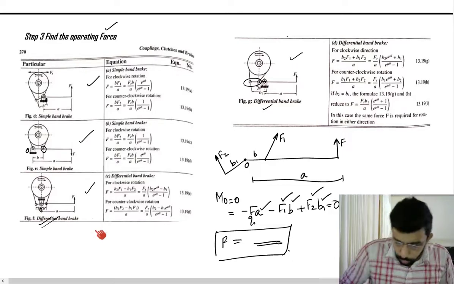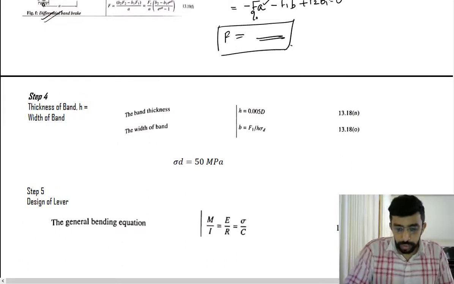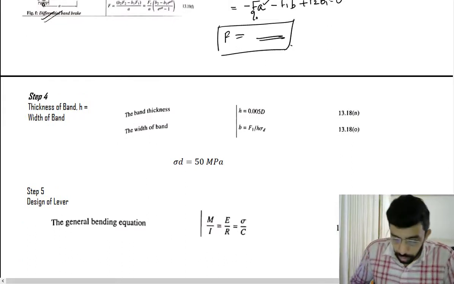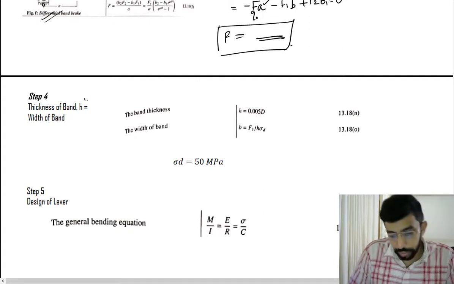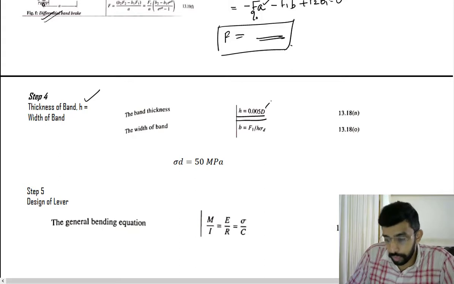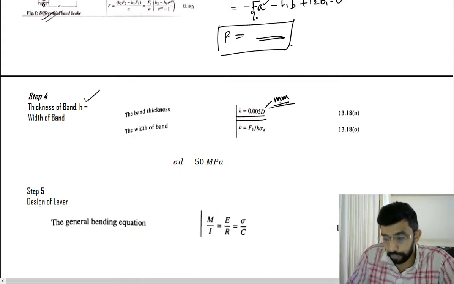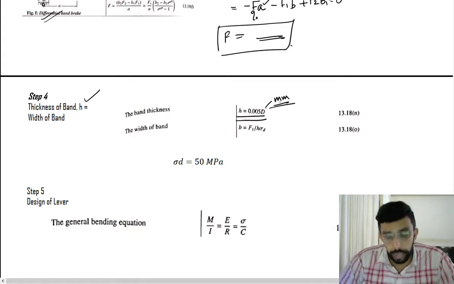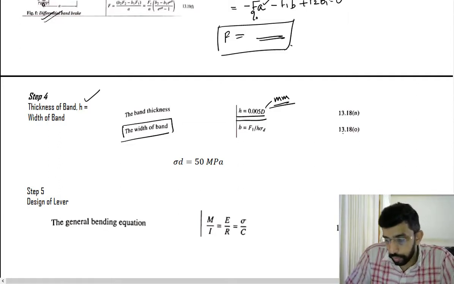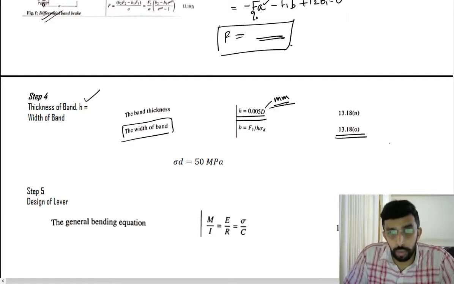Right. Now moving forward, since we are using a band as the braking element, we have to design the band. For that, the thickness of the band H is nothing but 0.005 m. This D has to be in mm. So you will get the value of H here, and the width of the band is obtained from the equation 13.180.